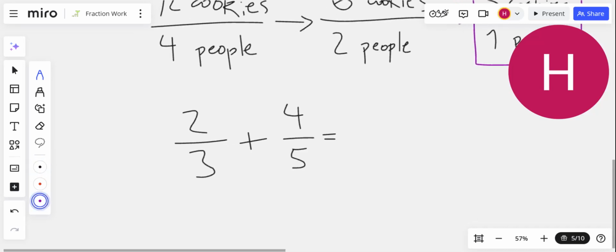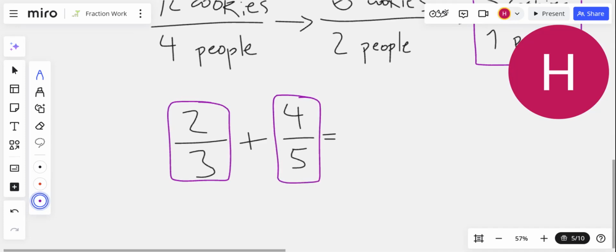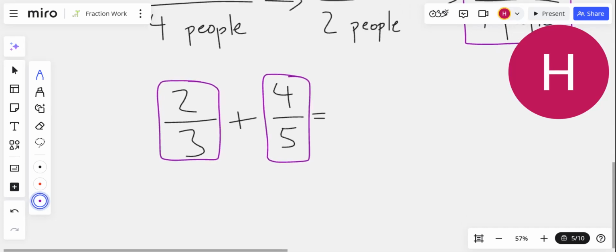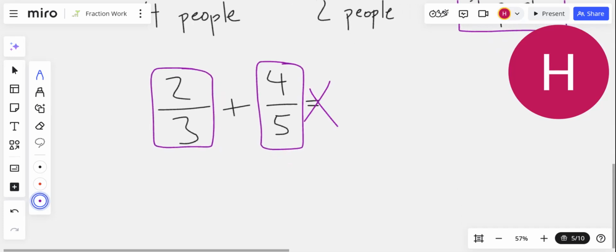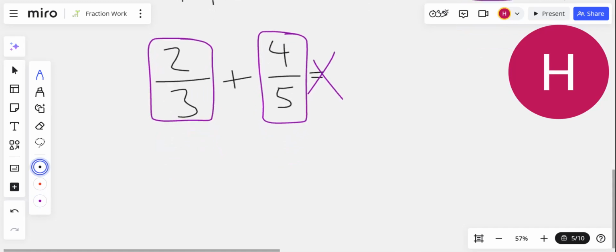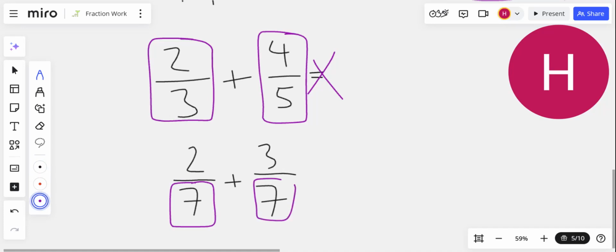This is the amount of cookies that each person of 3 people would get when there are 2 total cookies, and the amount of cookies each of these 5 people would get when we have a total of 4 cookies. Now, there's not the same amount of people there, so we are not going to be adding things like that. What we could add is something like 2/7 plus 3/7, because we have the same amount of people in both of these scenarios.